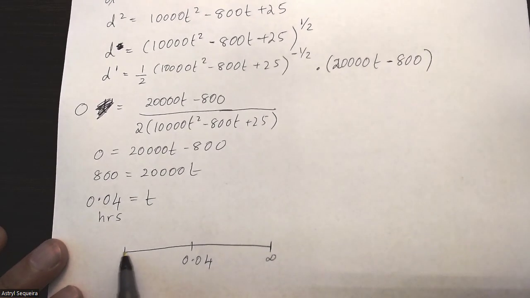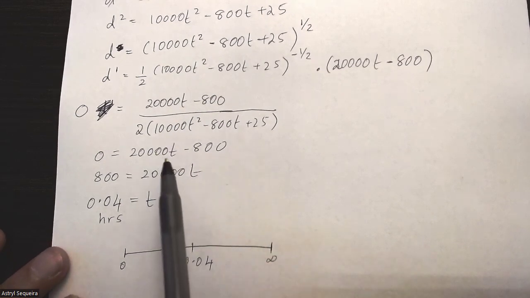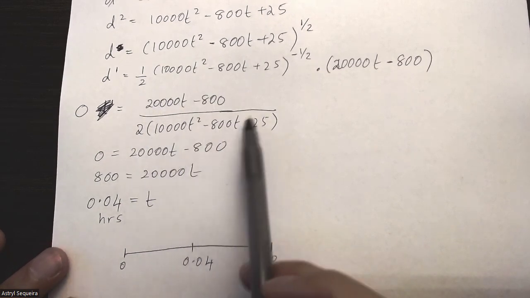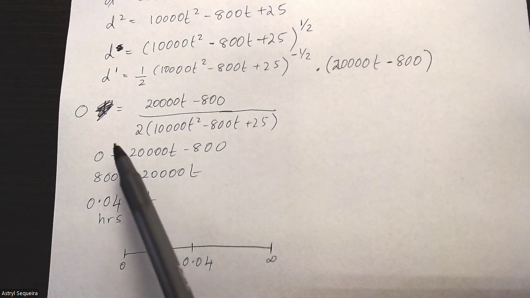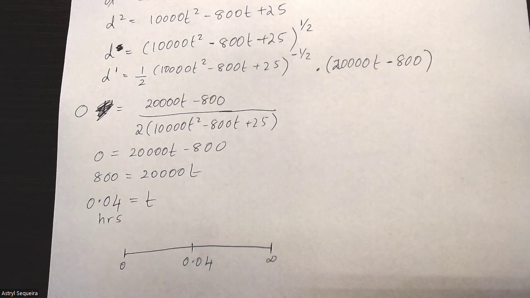So I need to sub in a value less than 0.04 into my derived equation over here. Now, if you didn't learn how to do this number line test, you could always just sub in the lowest value possible, which is 0, and then the highest value possible. But I'm just going to use this here. You just want to do any check that you've learned in school to verify that this is a minimum at this point.